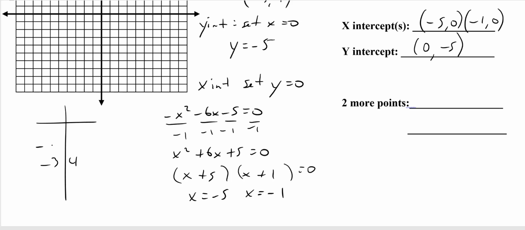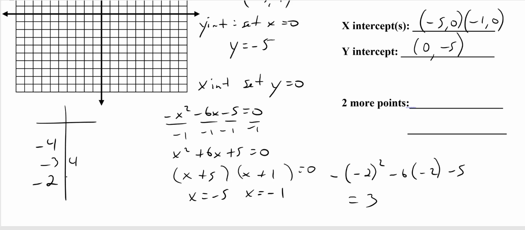So if I do negative 4 and negative 2, you're going to plug that directly in your calculator. So you're going to say negative parenthesis negative 2 squared minus 6 parenthesis negative 2 minus 5. And you put that all in your calculator, and that's basically going to give you a 3.